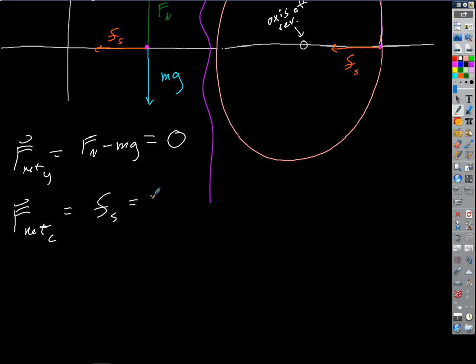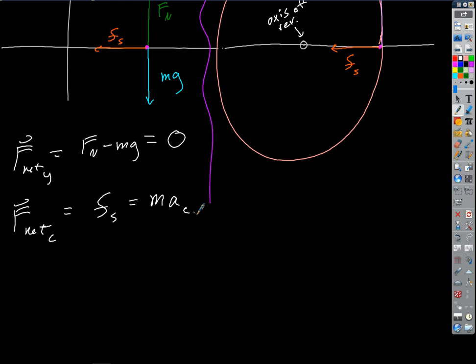What does the net centripetal force add up to? The second law? Is it zero, though? Because if it was zero, it's got to be mass times acceleration, right? So it's going to be m times a sub c, because it's the centripetal acceleration, right? So it's the same concept we've used before, but we're just going to adapt it to uniform circular motion.